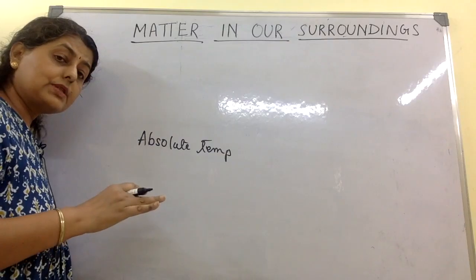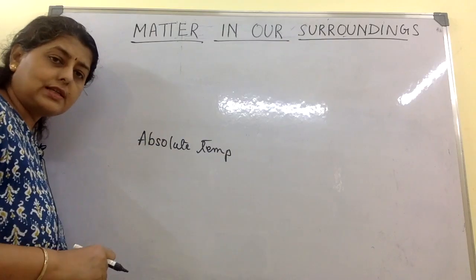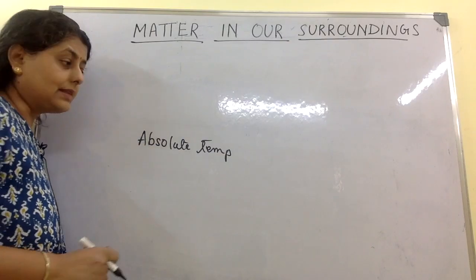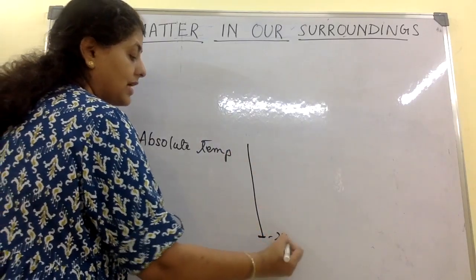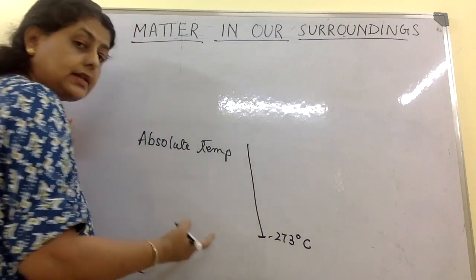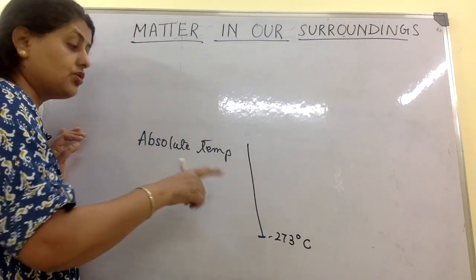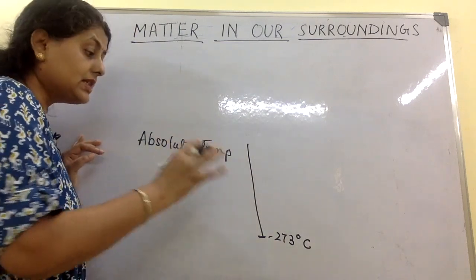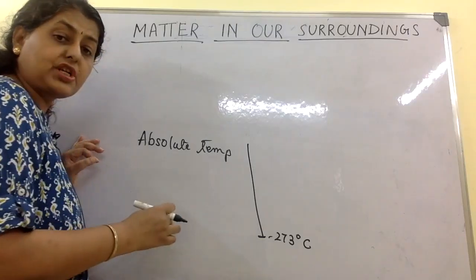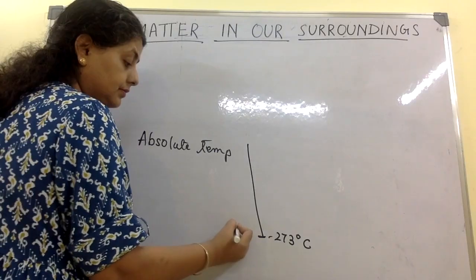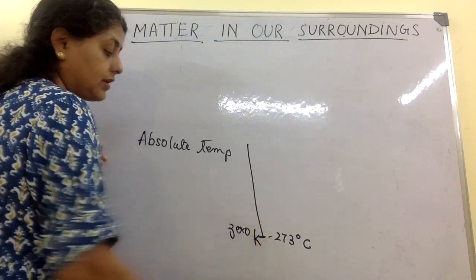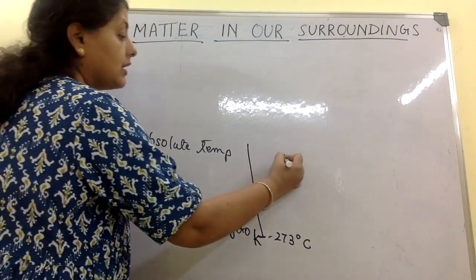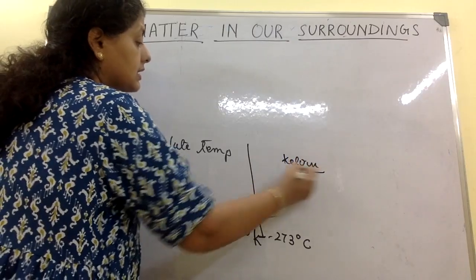A time comes when there is no more heat energy left in it. And that happens when the temperature has gone down to minus 273 degrees centigrade. At this point, there is no more heat energy left. This is called the absolute temperature, and this is where 0 Kelvin is, where the Kelvin scale starts. So minus 273 degrees centigrade is where the Kelvin scale starts.